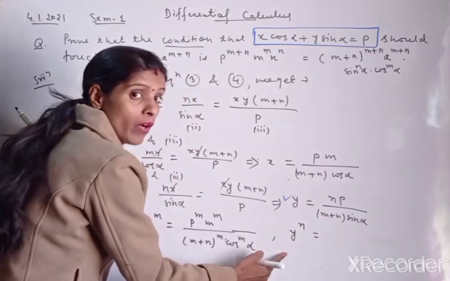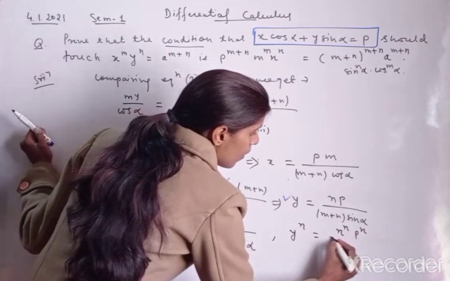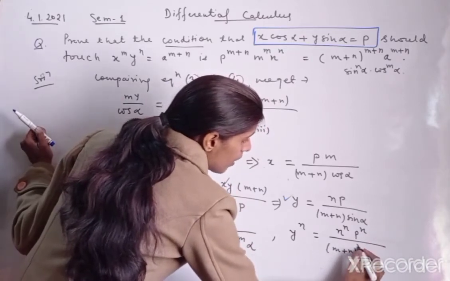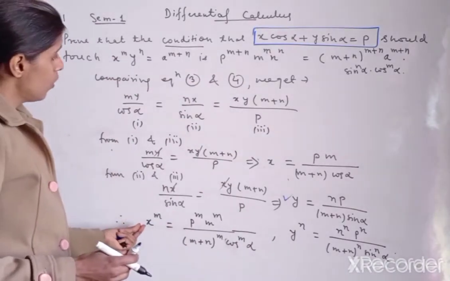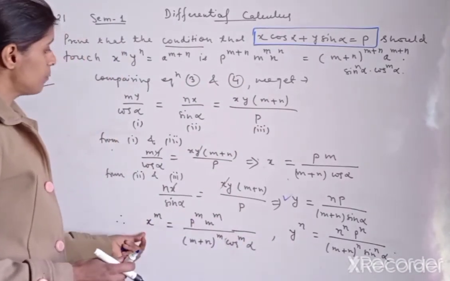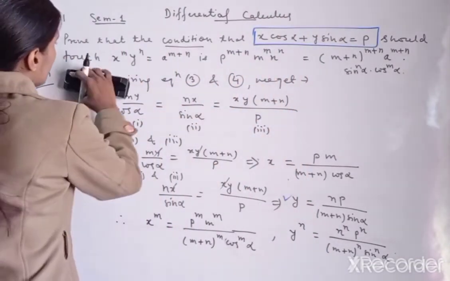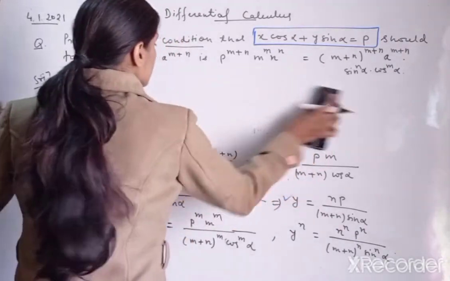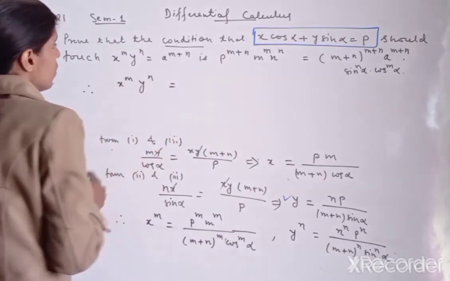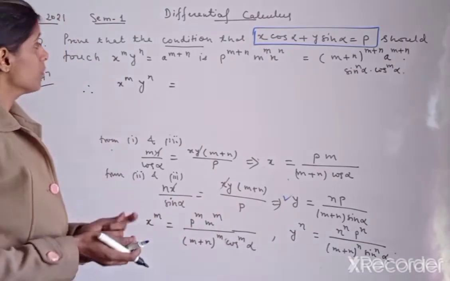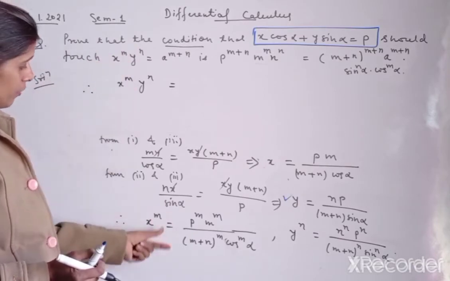So we are looking for the value of y to the power n, and y to the power n is n to the power n, p to the power n divided by (m plus n) to the power n, and then sin n alpha. After getting these two values, we do the product x to the power m into y to the power n. In the given equation of the curve we have x to the power m and y to the power n, so we put this value here.